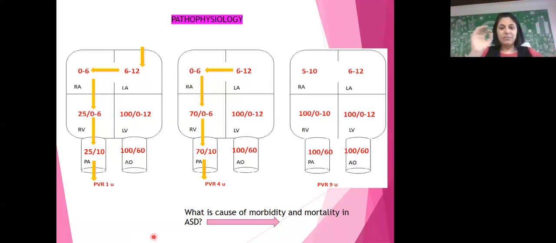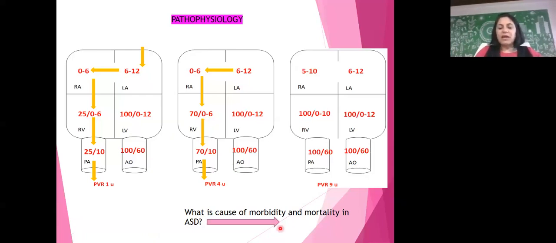But in Indian studies coming out of Vellore, we have shown that 10% of children less than 10 years of age developed pulmonary hypertension. So while we say yes, most likely they will develop pulmonary hypertension in the 30s and 40s, there is a percentage of kids who develop this lung damage, this higher lung pressure early in life. And that is why intervening on these kids at the right time is very important.